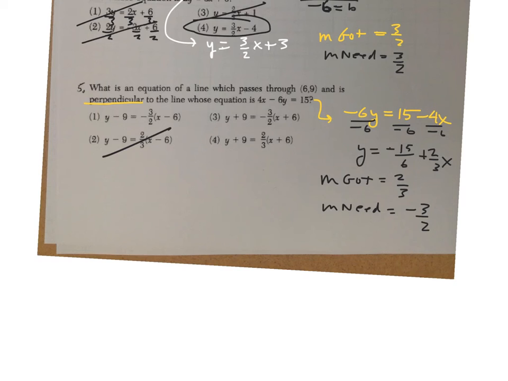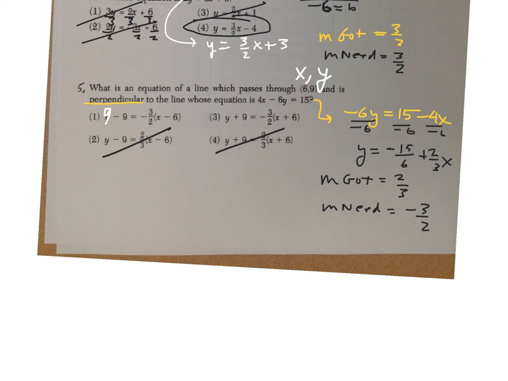By the looks of some of these equations, I can cancel it down to just those two. We're looking for the one that goes through the point 6, 9. So 6 would be my x and y would be my 9. This is one way to work the question out. I could take those numbers and plug them into the formula.